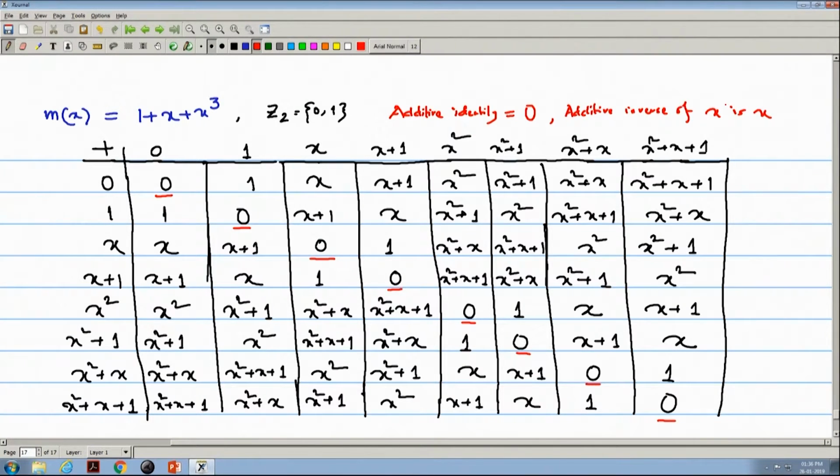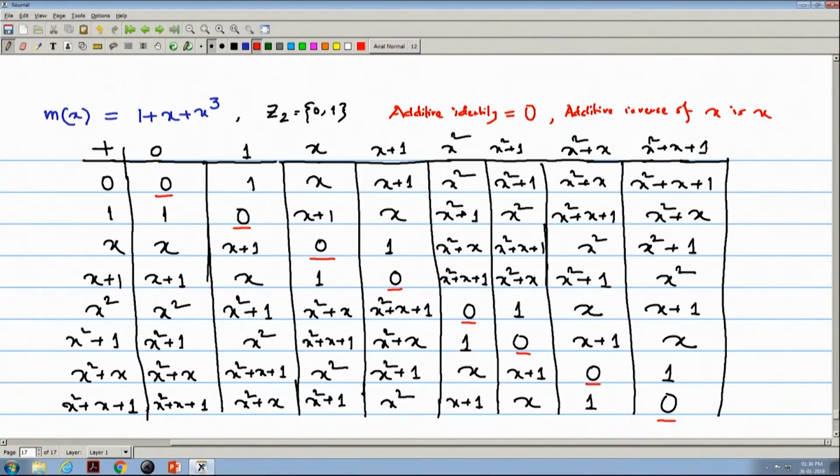And see, this is a closure property, because already we have seen that the table contains only the set of elements of S, only those polynomials. And since I got the additive identity 0 and additive inverse, and again it will be associative and closure, then commutative, all the properties will be satisfied.